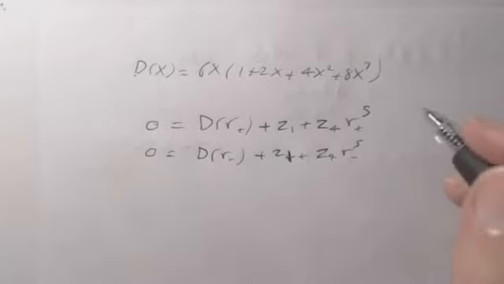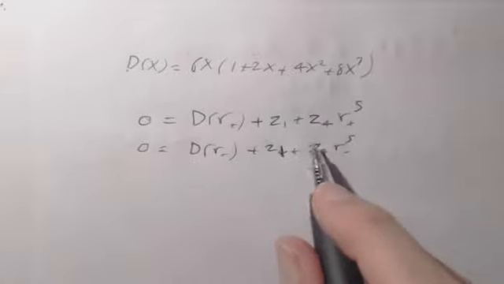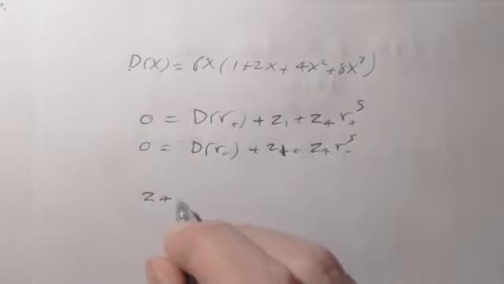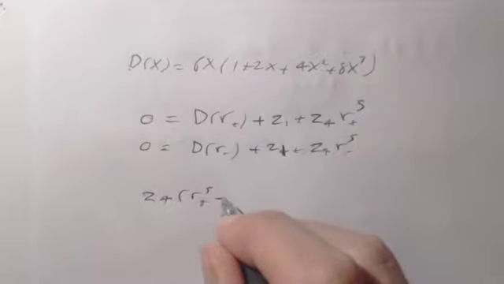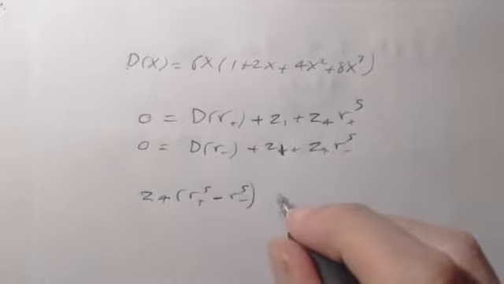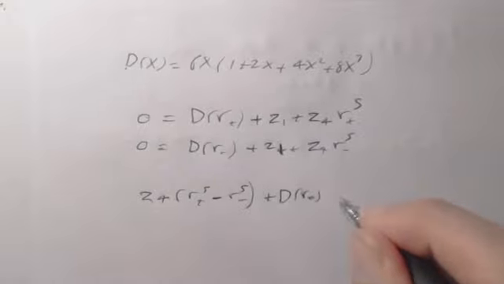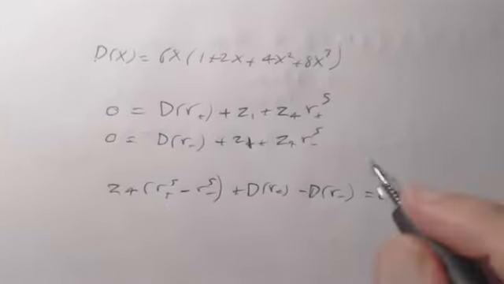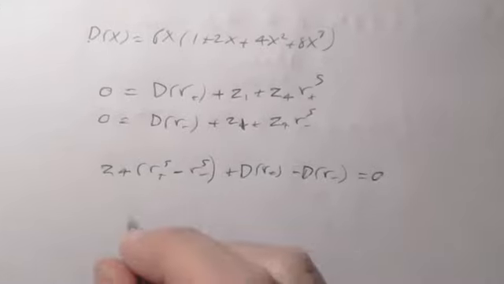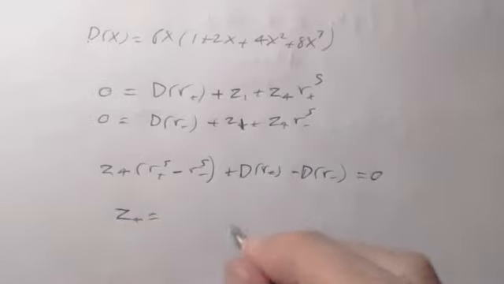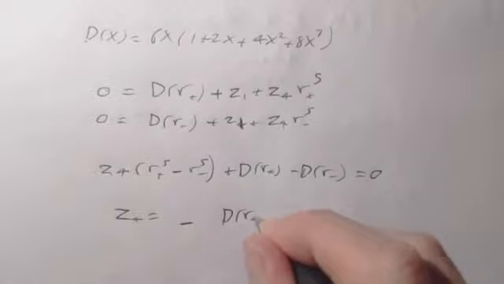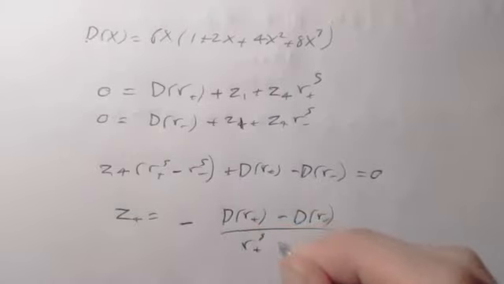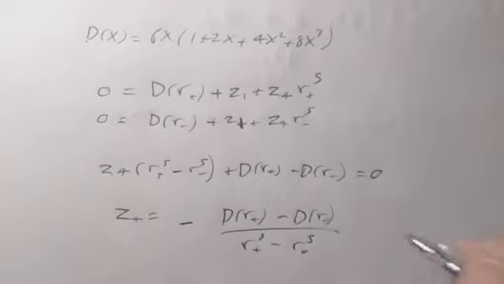And I started off by trying to calculate z4 by finding the difference between the two equations. So we get z4 r plus to the 5 minus r minus to the 5 plus dr plus minus dr minus equals 0. So it's just the difference between the two equations there. And so z4 equals minus dr plus minus dr minus over r plus to the 5th power minus r minus to the 5.